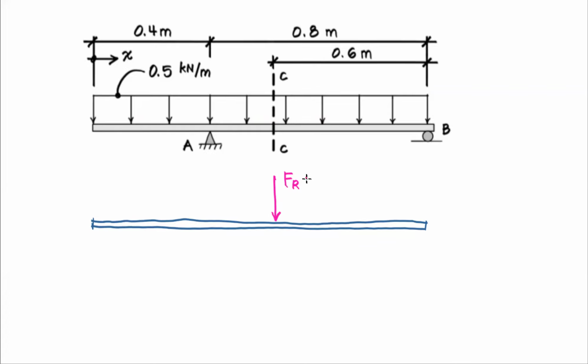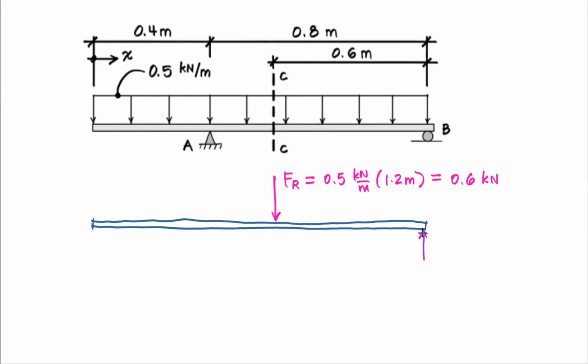So my resultant force is equal to 0.5 kilonewtons per meter over a distance of 1.2 meters. Half of 1.2 is 0.6 kilonewtons right there. And in terms of where that is located, actually, let's come back to that.